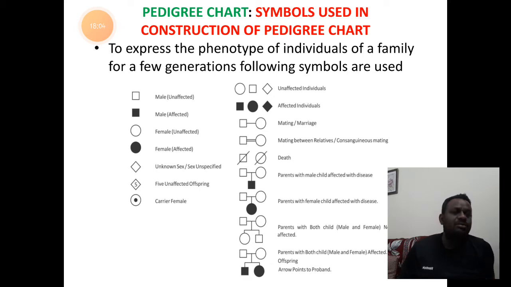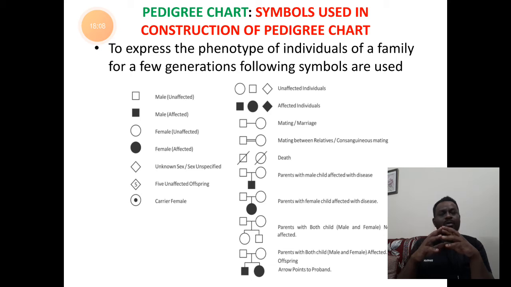In the next row we will look at the cross between a male and a female who are normal; we tend to find an affected male born.